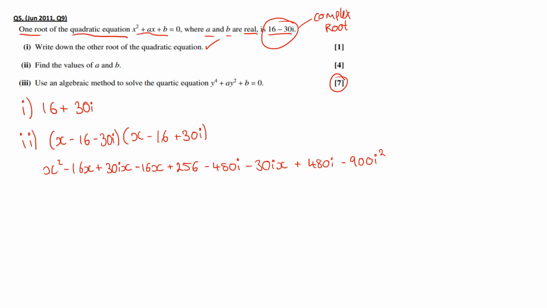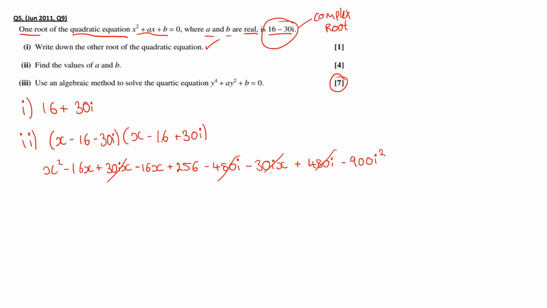Right, so we've got this long equation, but some things cancel. So this cancels with this, plus 30 minus 30. This cancels with this, and I think that's it.